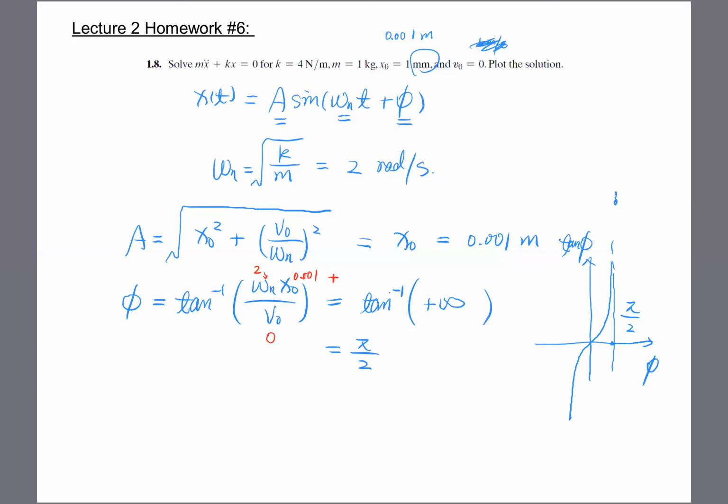I'm providing you the plot and asking you to derive these system parameters. So in the exams, you should be able to do both, either from function to plot or from plot to function. Okay, any questions about this homework?